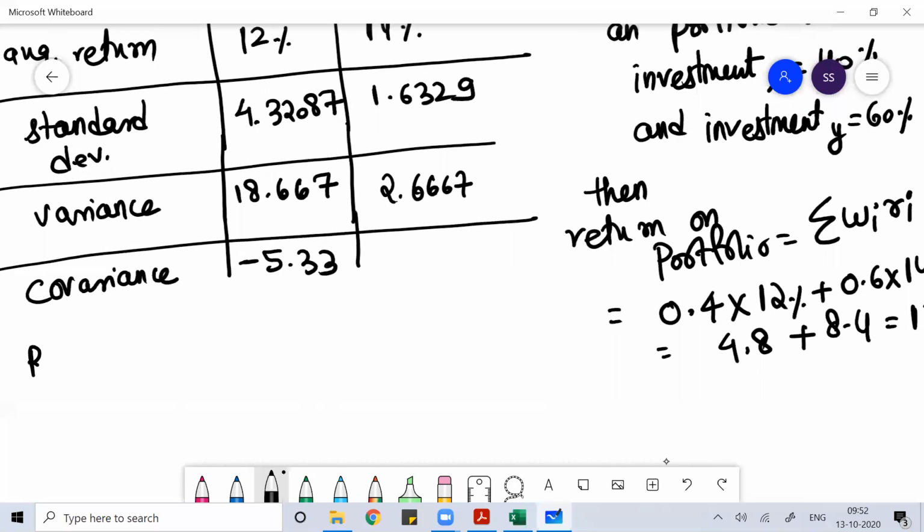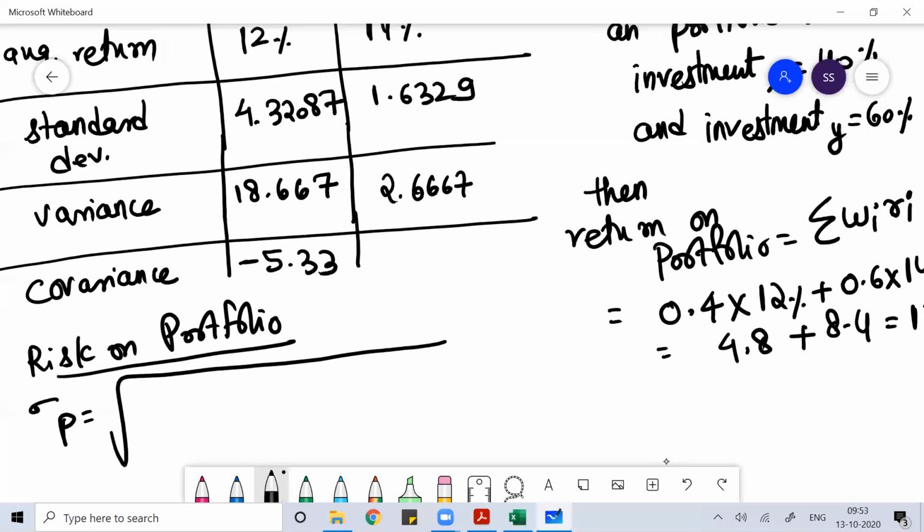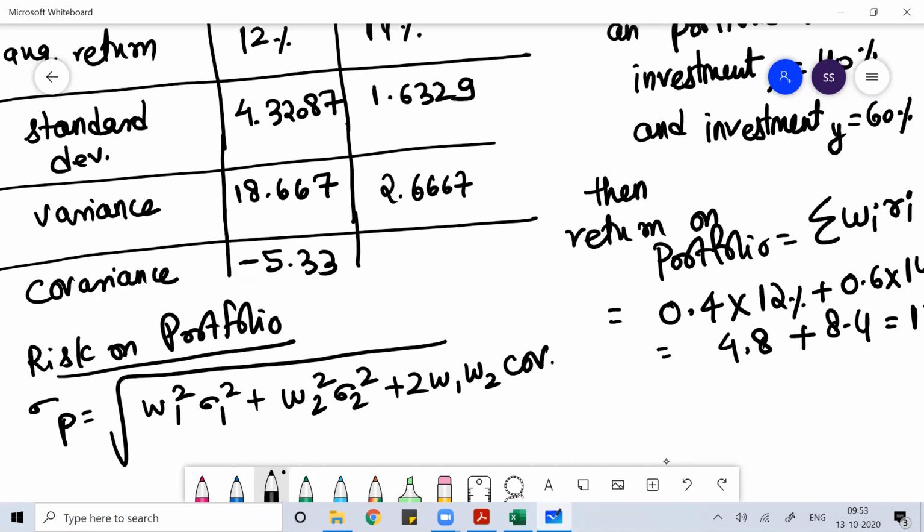While the risk on a portfolio, the formula is W1 square into sigma 1 square plus W2 square into sigma 2 square plus 2 W1 W2 into the covariance between 1 and 2.